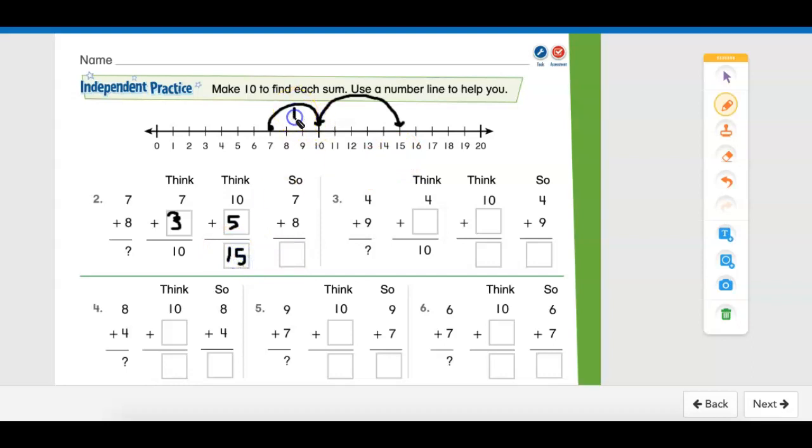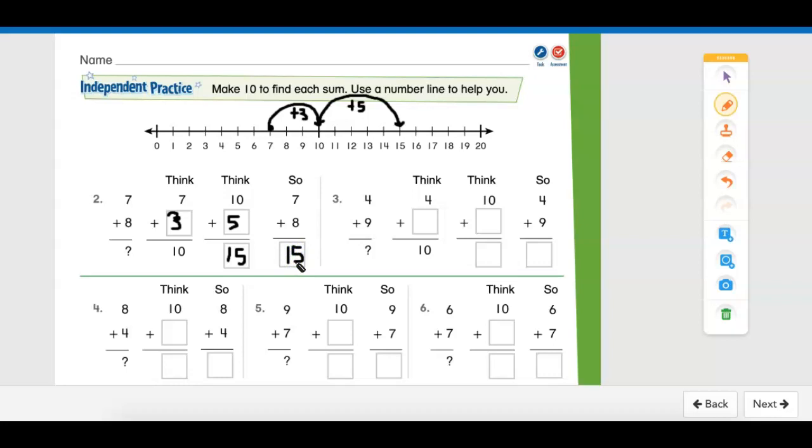So we added 3 and added 5. So this is showing me that 7 plus 8 is equal to 15. So we are going to write 15 in the blank.